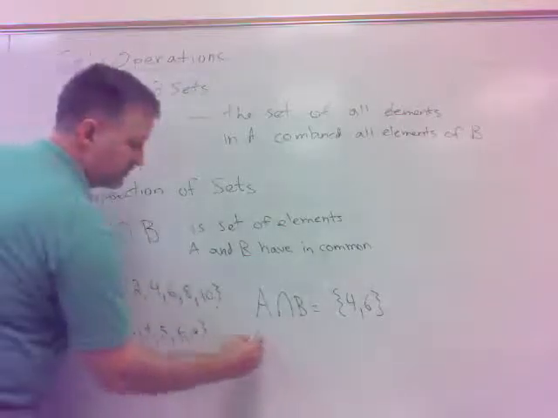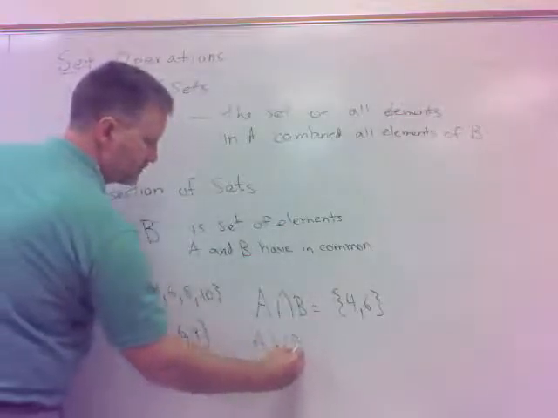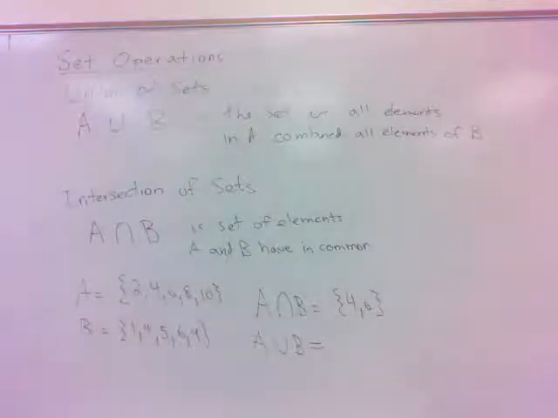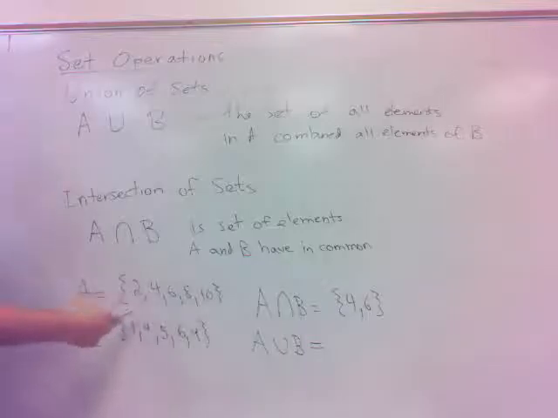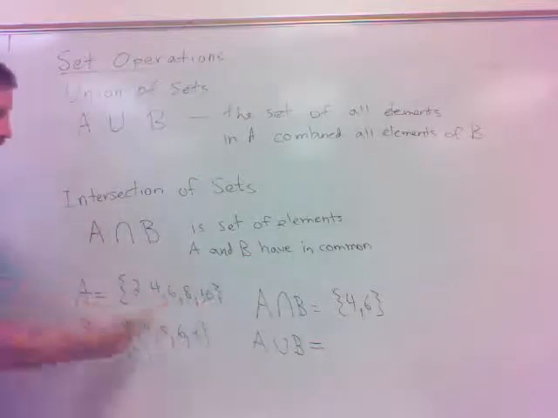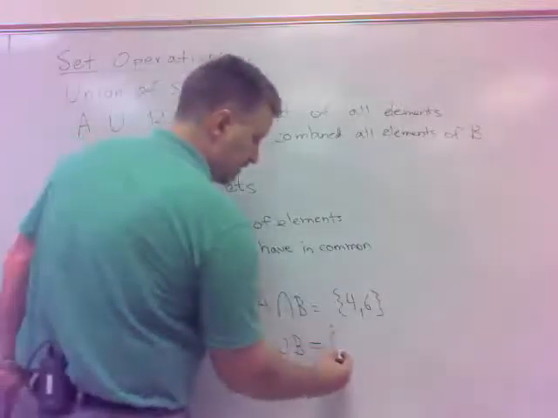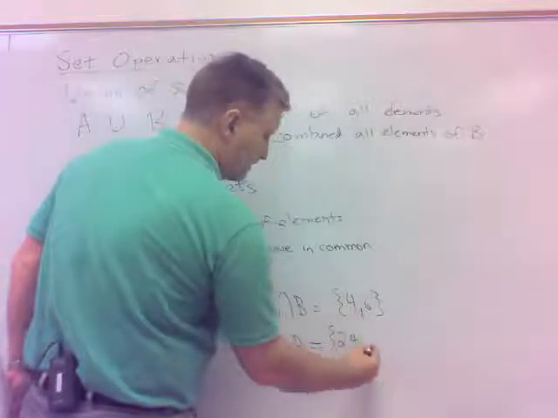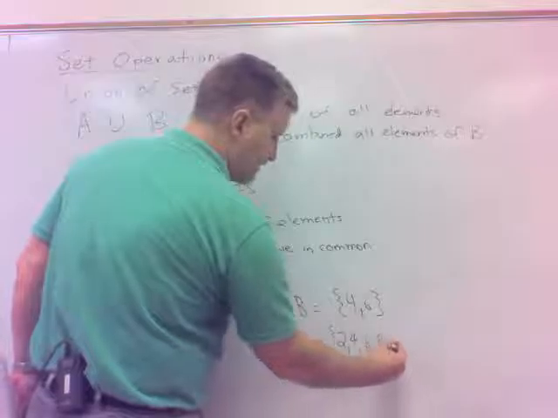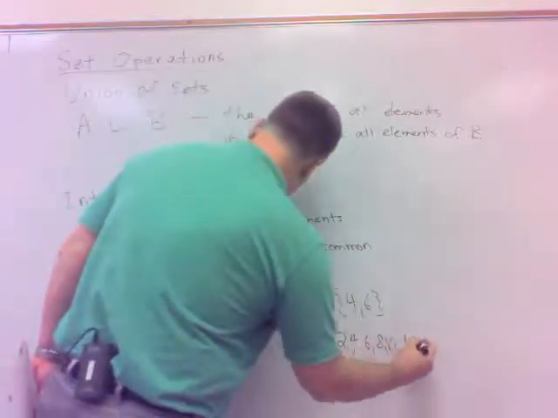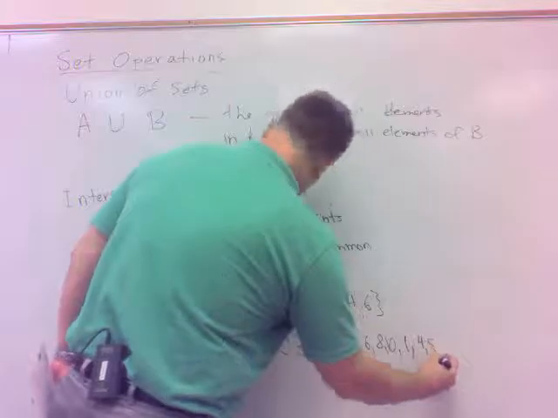What's our union? Instead of just looking at what's overlapping, I'm going to take all these elements, 2, 4, 6, 8, and 10, and combine them with all the elements of B. I basically group those two together and put those all in one set.